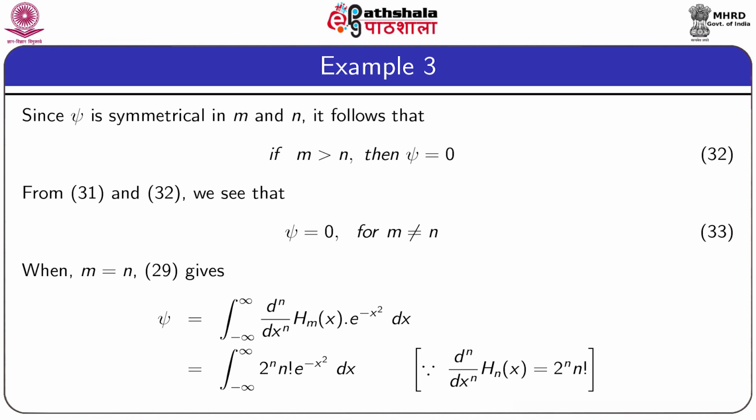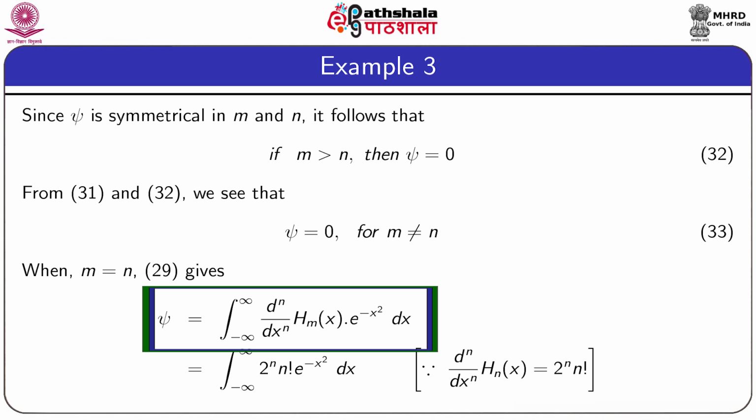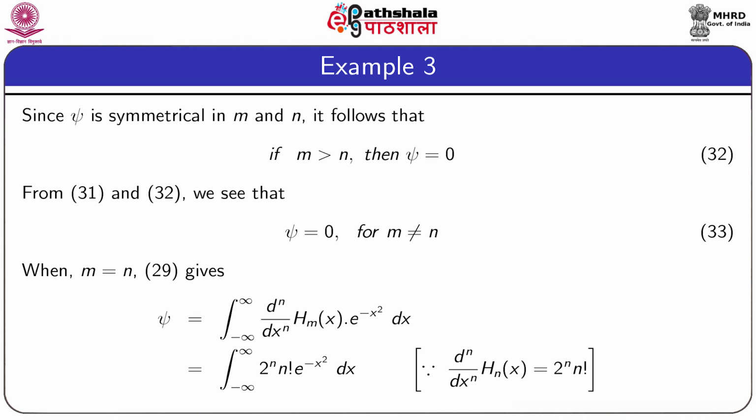But if m is equal to n, then from 29 we get psi is equal to the integral from minus infinity to plus infinity of the nth derivative of H_n(x) times e to the power minus x square dx. Now, the nth derivative of H_n(x) is equal to 2 to the power n into n factorial.